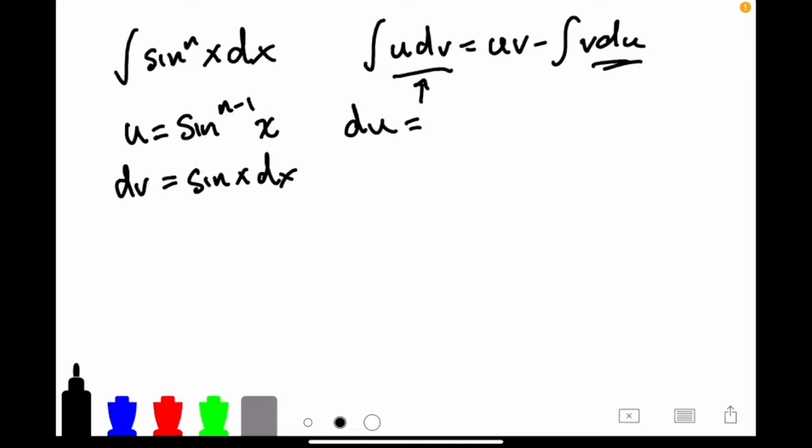By the power rule, you bring down the power, which is n minus 1, the current power, to the front, multiply it by whatever was there originally, and subtract 1 from the power. Next, you need to do the inside because it's not just an x in the middle, there's sine x in the middle. By chain rule, we multiply by the derivative. The derivative of sine x is cosine x, and dx at the end.